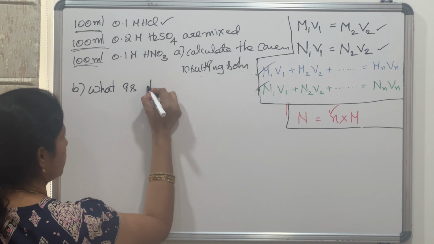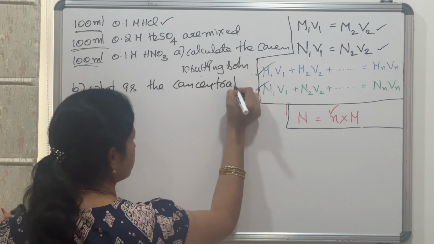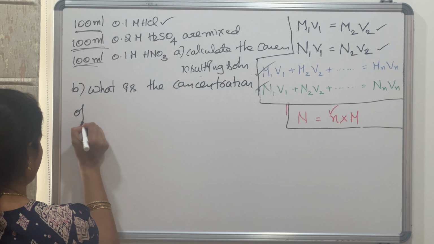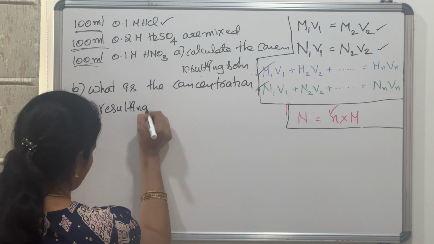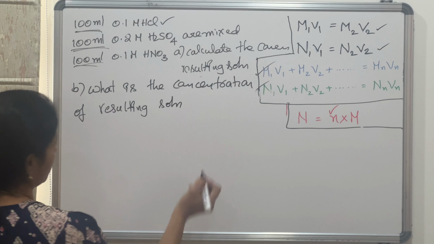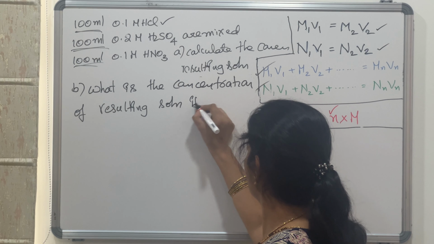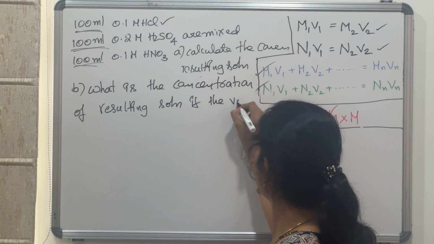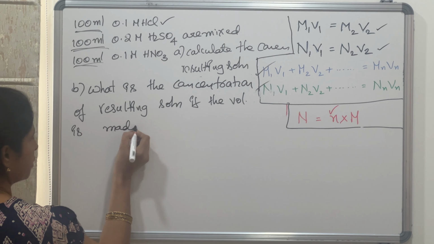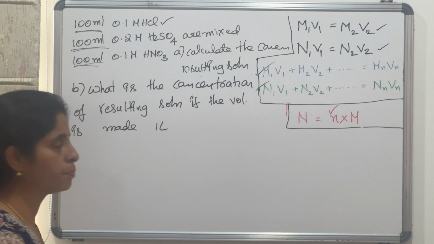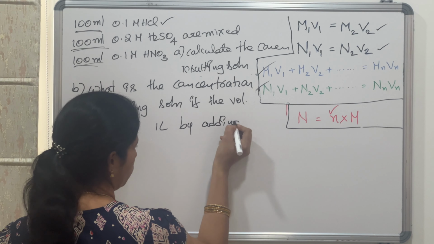What is the concentration of the resultant solution, or resulting solution, if the volume is made 1 liter by adding water.